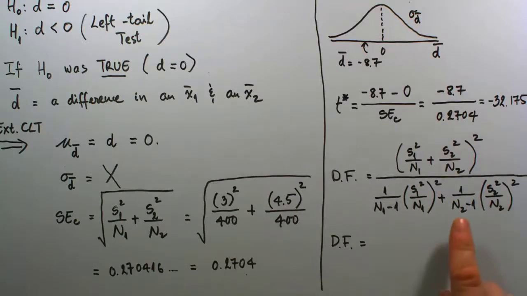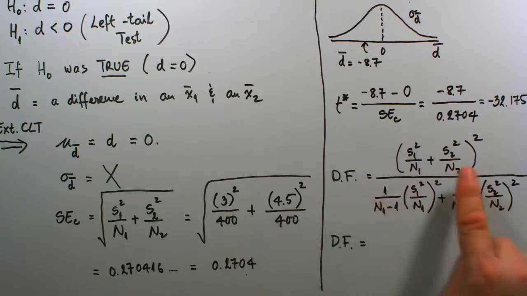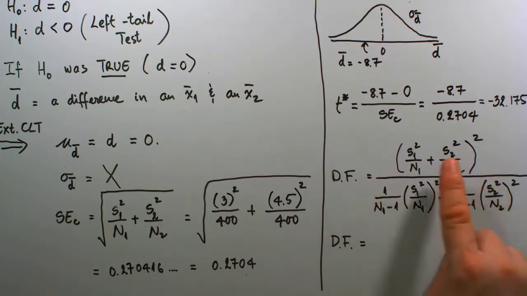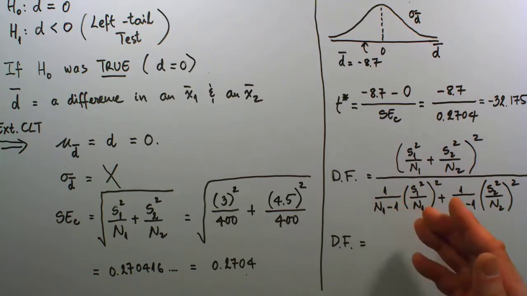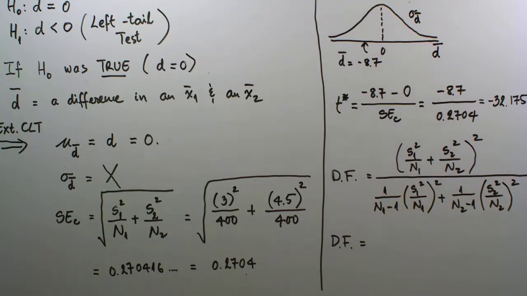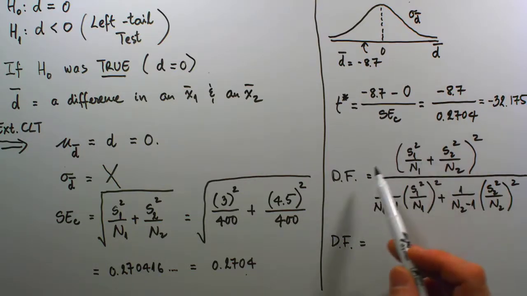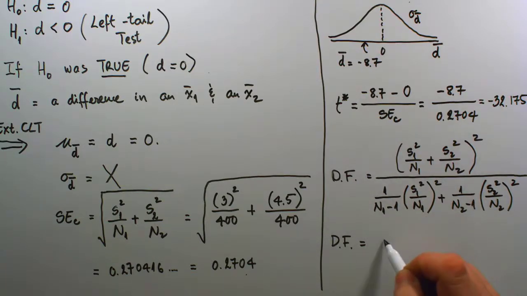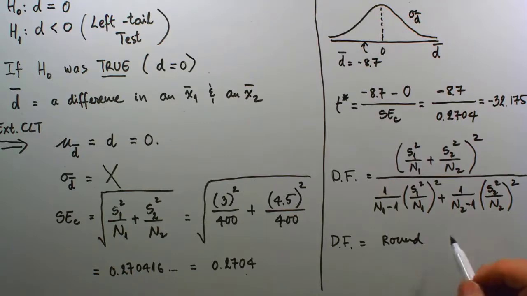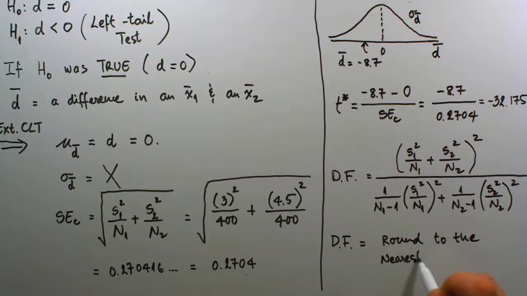However, for students in my class, since some students are still not able to afford an advanced software, some of the more basic technology can only handle degrees of freedom being a whole value. So for my class, I always ask my students to round the decimal degrees of freedom to the nearest whole value. It's simply because I am aware that some of my students are not able to afford an advanced software program.